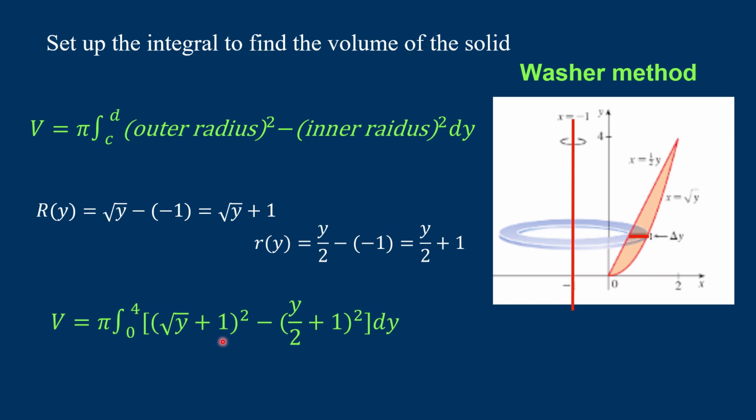So the volume is pi times the integral over y, because the thickness is dy, from 0 to 4, of (square root of y plus 1) squared minus (y over 2 plus 1) squared. That's how to set up the integral of the volume using the washer method.